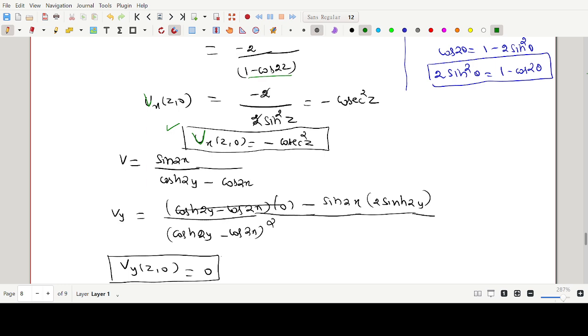Using the same formula, v square, v into differentiate with respect to x: 0 minus sin 2x, now differentiate with respect to y: cos h2y gives 2 sin h2y, this value 0.